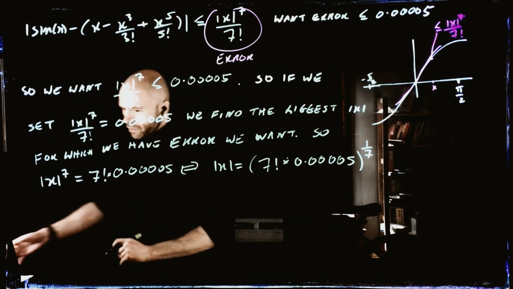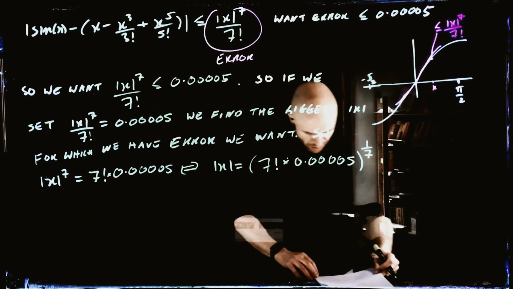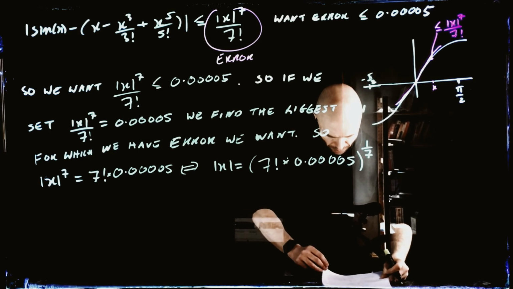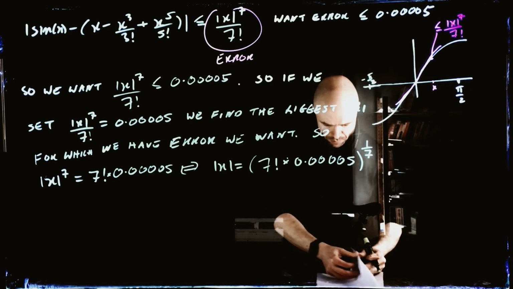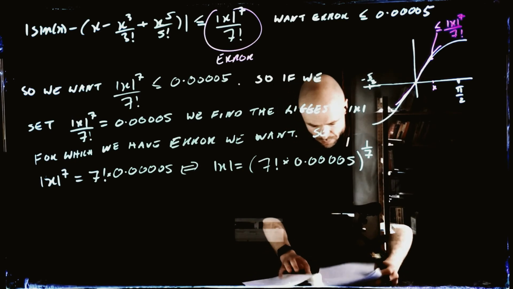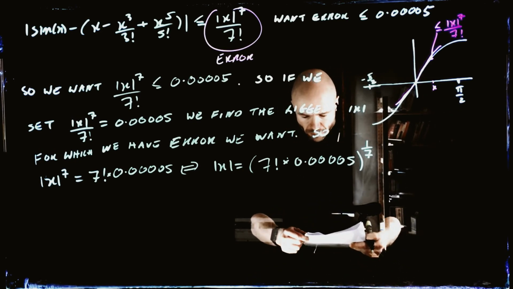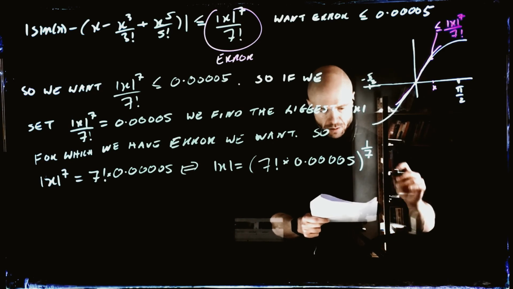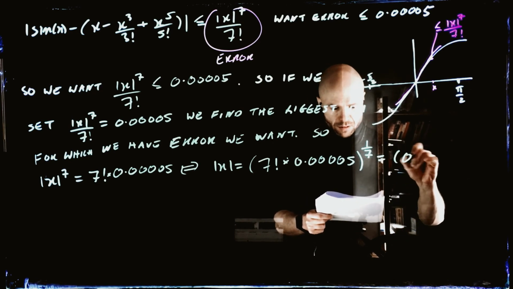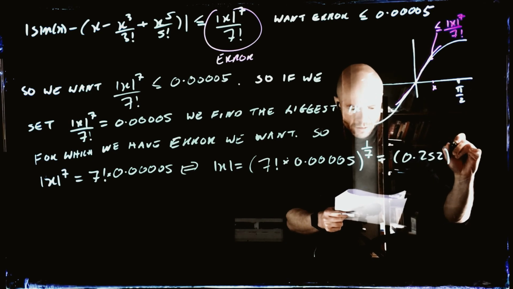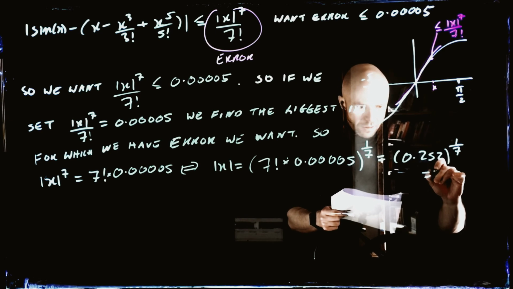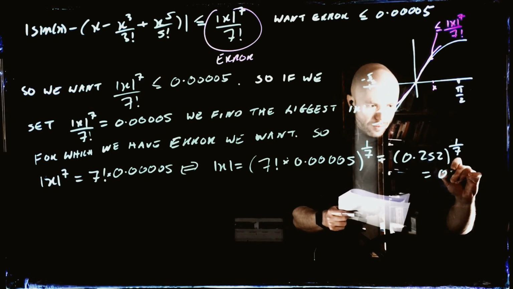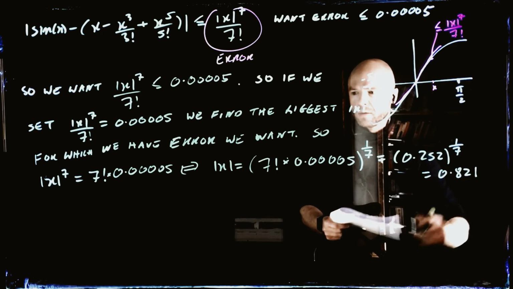And this we can actually compute. This turns out to be 0.252 to the 7th root, which is actually equal to 0.821.